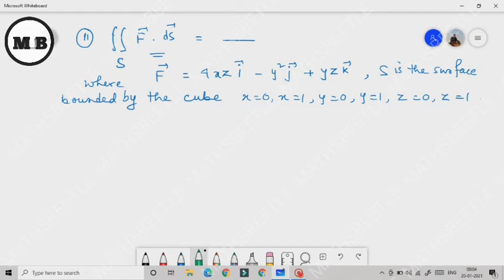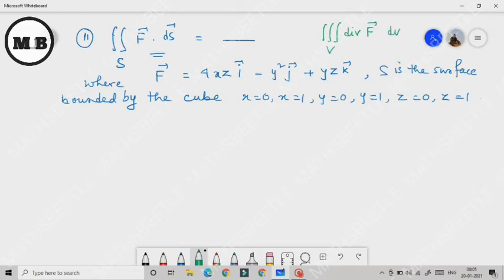That means the divergence theorem you need to use. Just recall what the divergence theorem is. This will be equal to the triple integral of the divergence of F vector dV.